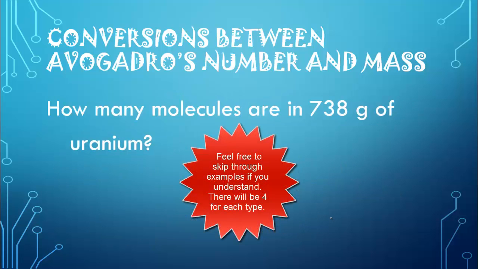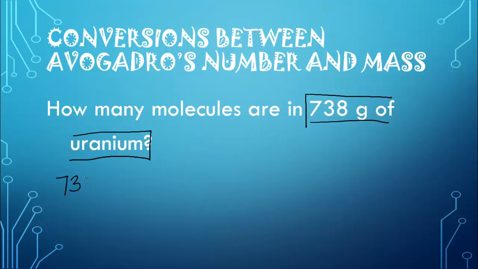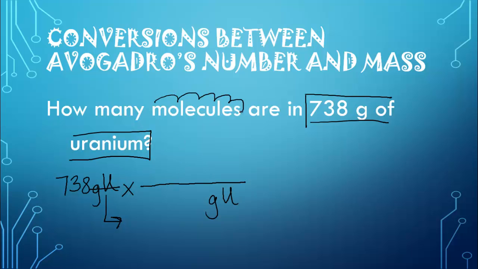Last example. How many molecules are in 738 grams of uranium? So 738 grams of uranium, because that's what we started with, times a line. We want to get rid of it, so it goes on bottom. So grams of uranium. We're changing to molecules, so we're going to put molecules of uranium on top.